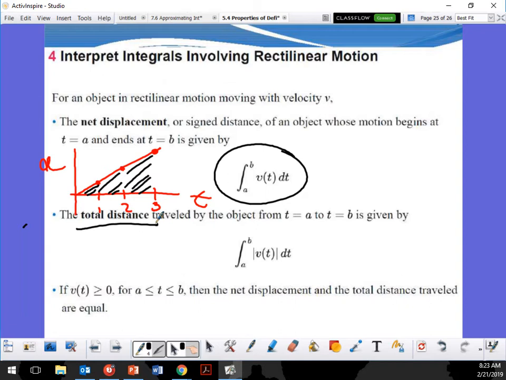Whenever I have a negative part, that part is also going to be positive. So I start here, walk to Douche Bros, that's 1 mile, and walk back. Since I'm walking back this way, I would have a negative velocity, but the absolute value of that would give me a positive 1 mile. So my total distance traveled is the integral of the absolute value of the velocity from a to b.